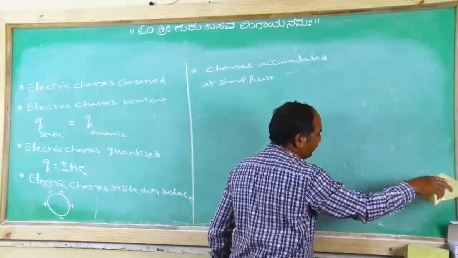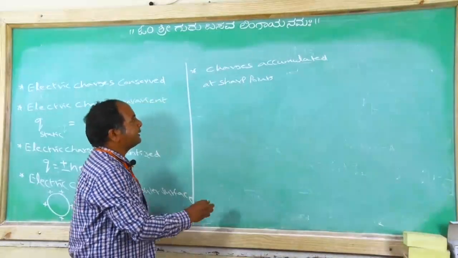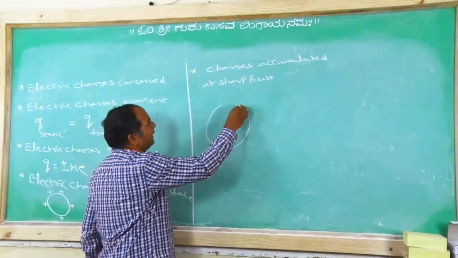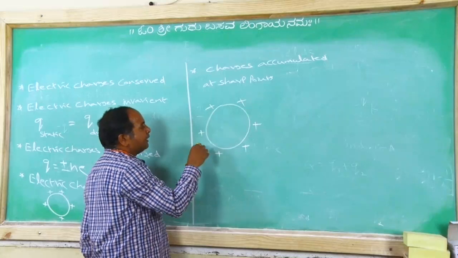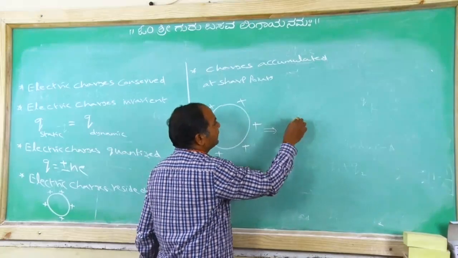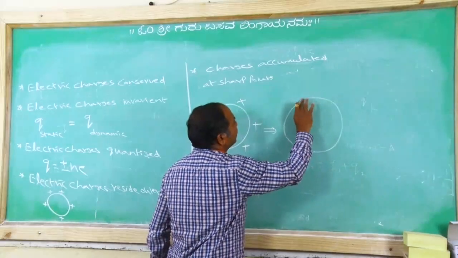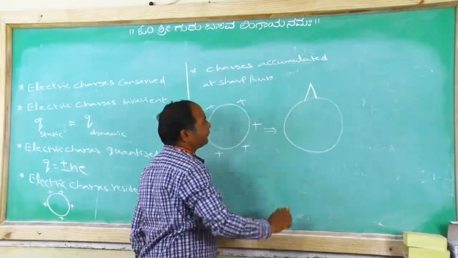Suppose this is one body with electric charges like this. If you make the body shape like this, it has one sharp edge.